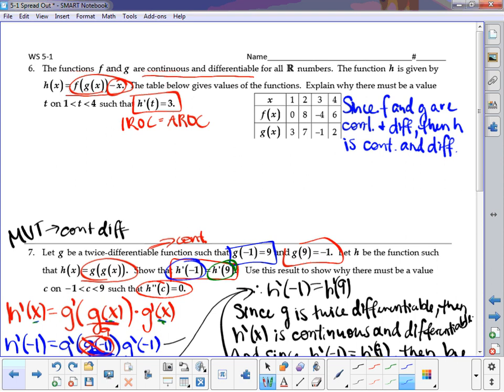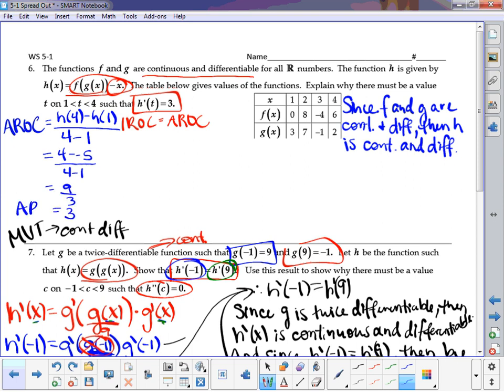So let's check what our average rate of change is. My AROC would be h of 4 minus h of 1 over 4 minus 1. Now we have to use the chart and fill in the values, and when we do, h of 4 is 4 and h of 1 is negative 5, which yields 9 over 3, which is 3.